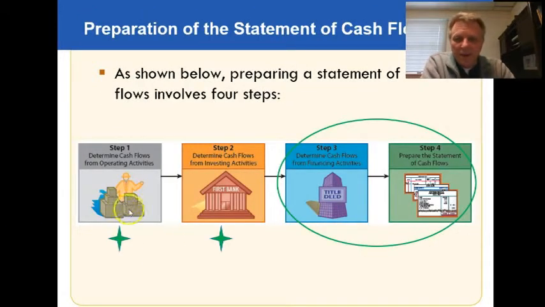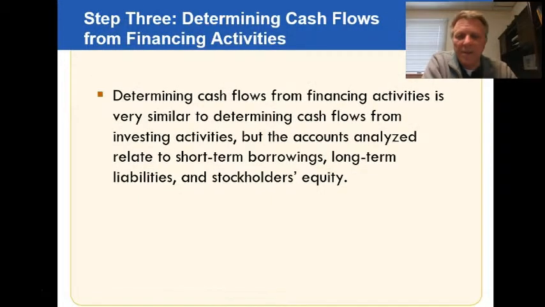So as a reminder, last week we looked at step 1, determining cash flows from operating activities. We looked at cash flows from investing. So we're finishing up the discussion this week on financing activities and analyzing the statement itself. Remember that cash flows from financing activities is similar to the cash flows for investing, but it's kind of the other side.